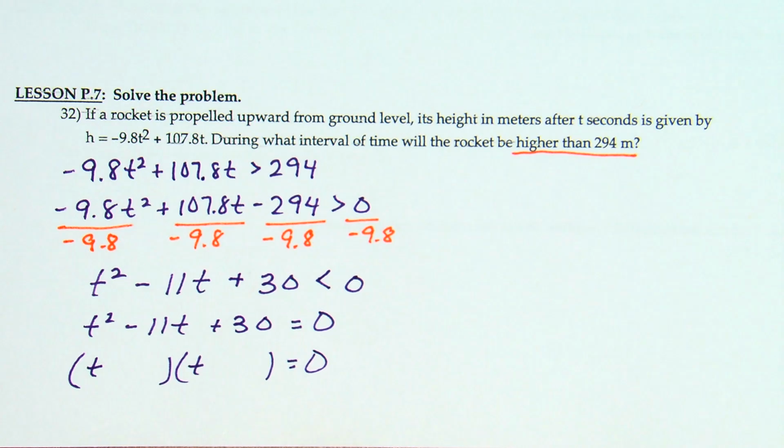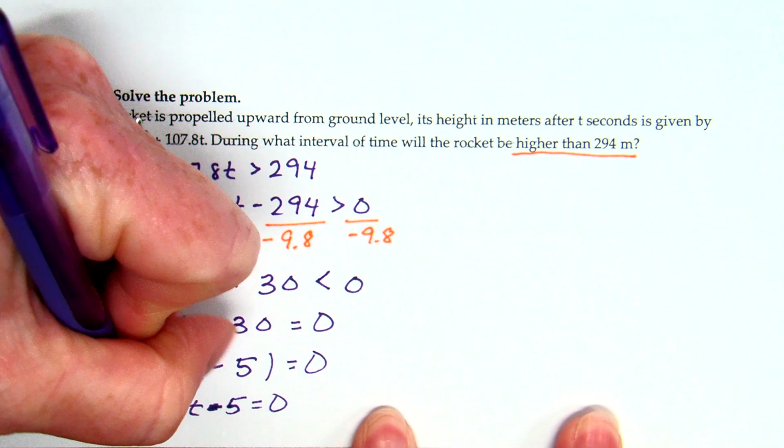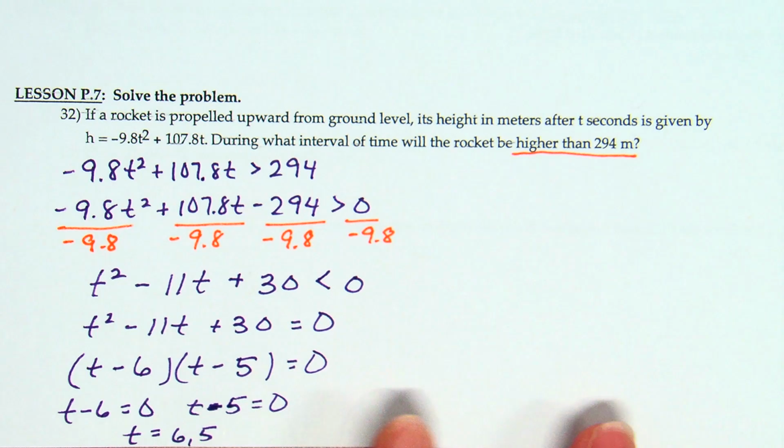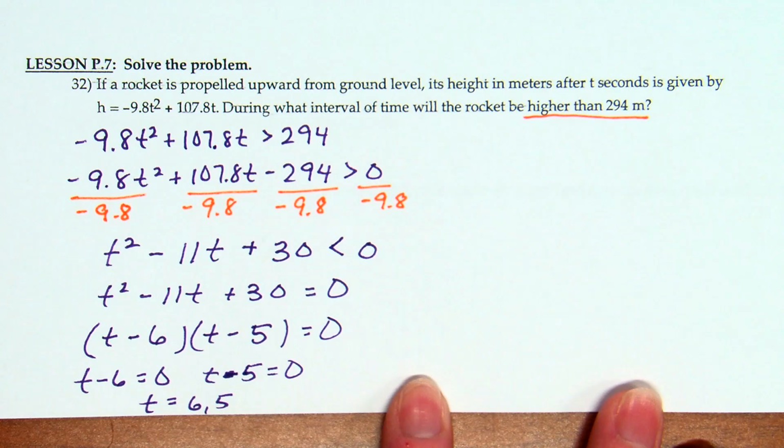What multiplies to be 30 and adds to be negative 11? Negative 6 and negative 5. Officially set them each equal to 0, and we get answers of 5 and 6. I wrote 6 and 5 just because of the way mine's set up.